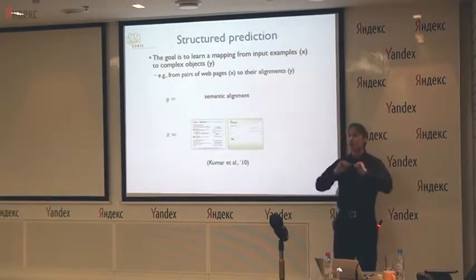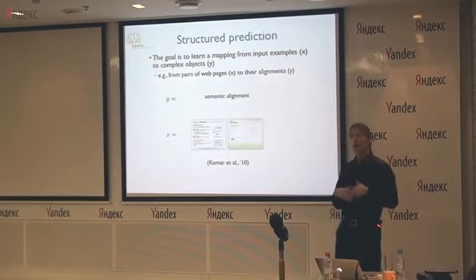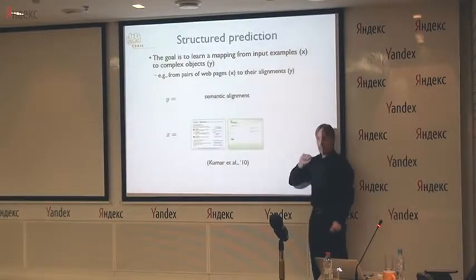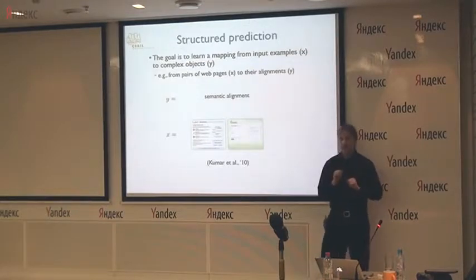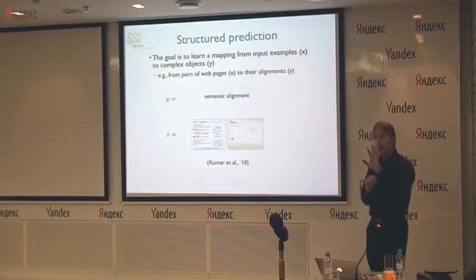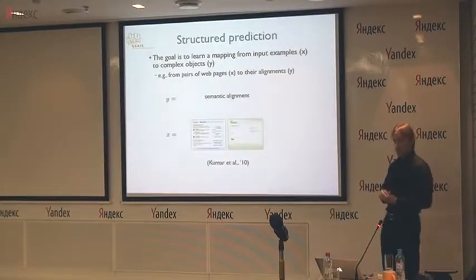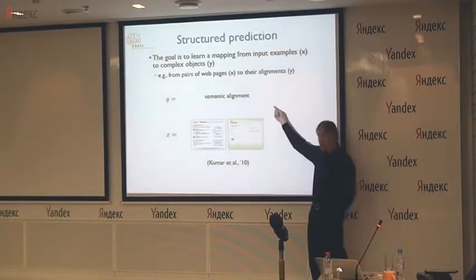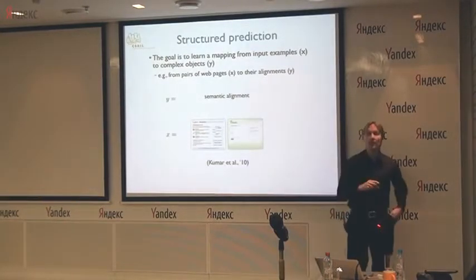So if I give you any pair of two, what I would like to get as the prediction is a semantic alignment of the two web pages. So it aligns the semantically corresponding pieces in the two web pages. All right? So from a pair of web pages, the prediction that you're trying to make is an alignment.